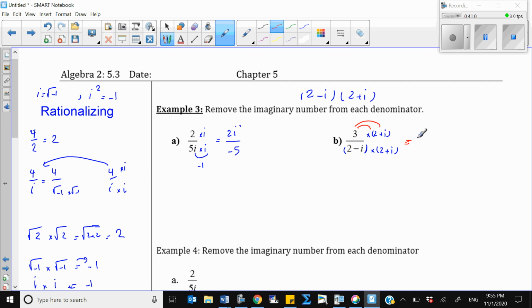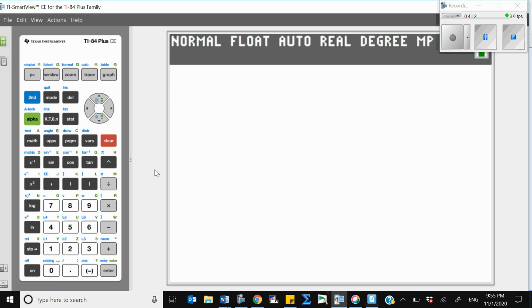So it will be 2 times 3, which is 6, plus 3 times i, which is 3i. And to multiply the bottom, again, I can use distribution or the FOIL method to multiply them and find the answer, or you can also use your calculator, which is going to be faster and easier.